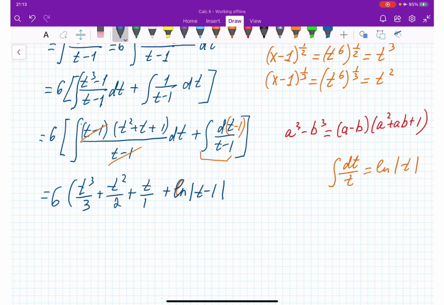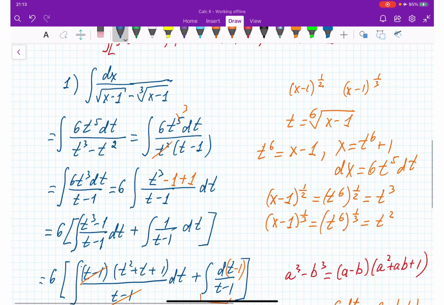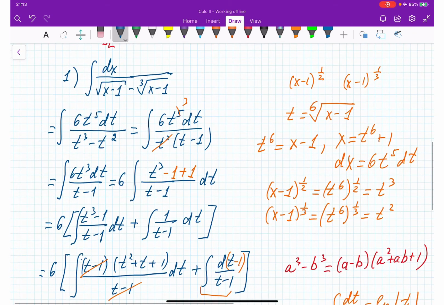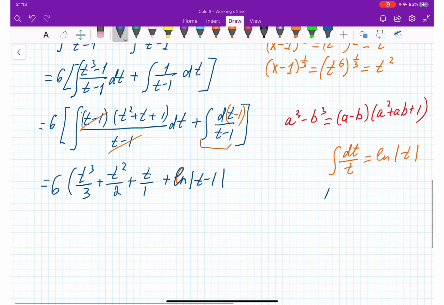Okay, so from here we are going to bring back our substitution. What we did, we have our t was radical degree 6 of x minus 1. Let me write that down.